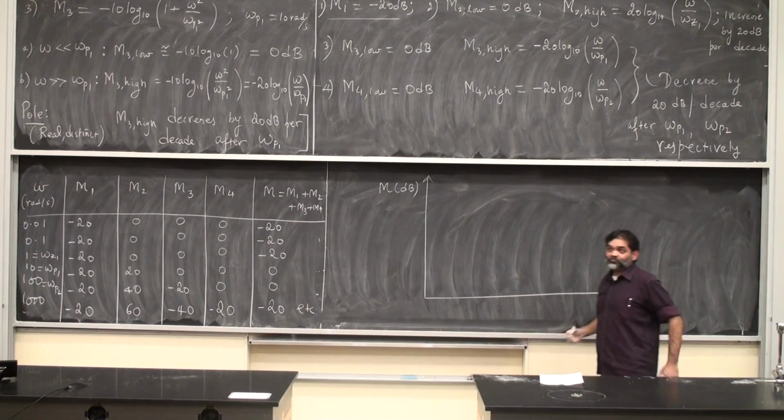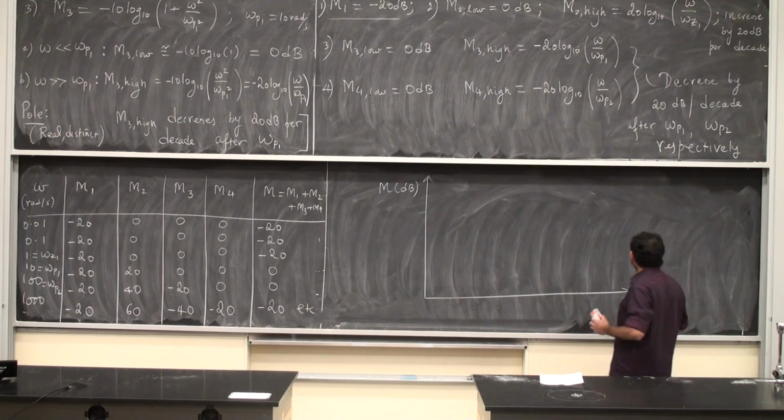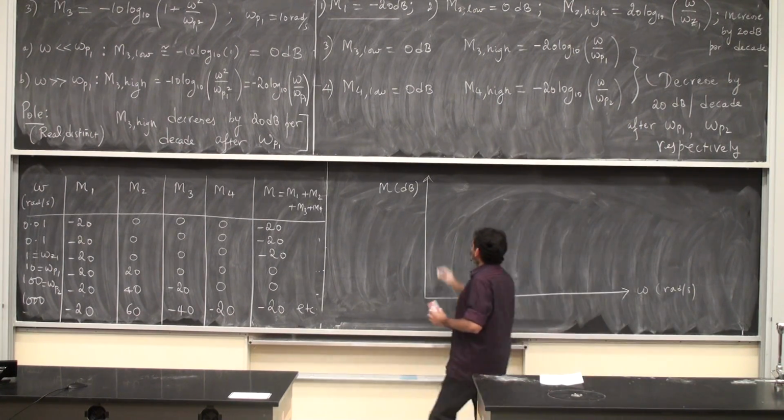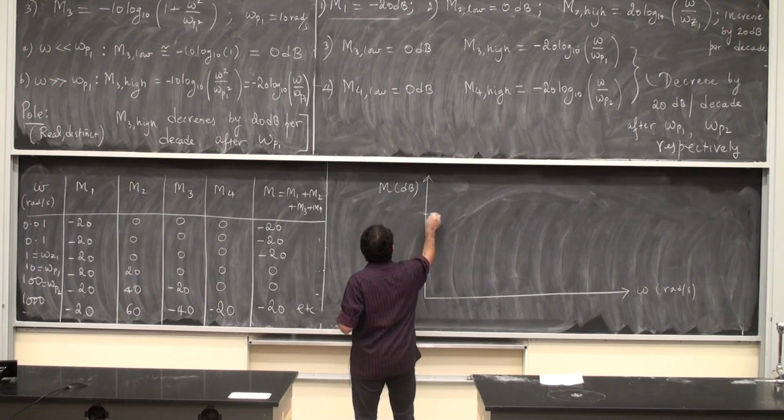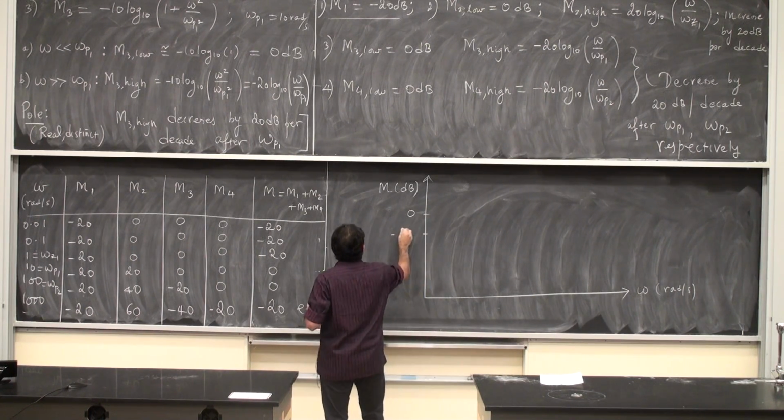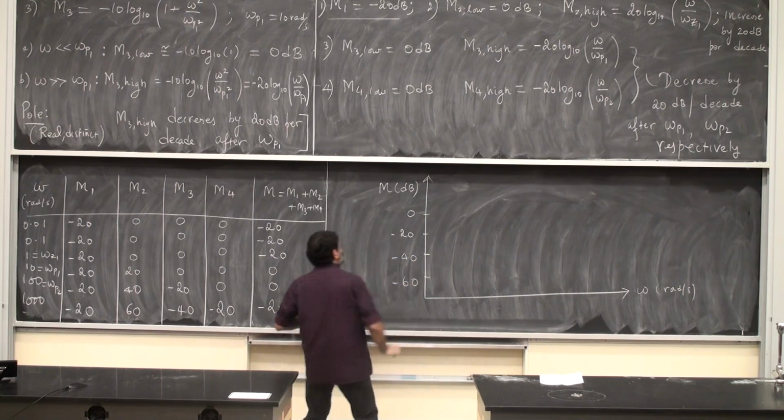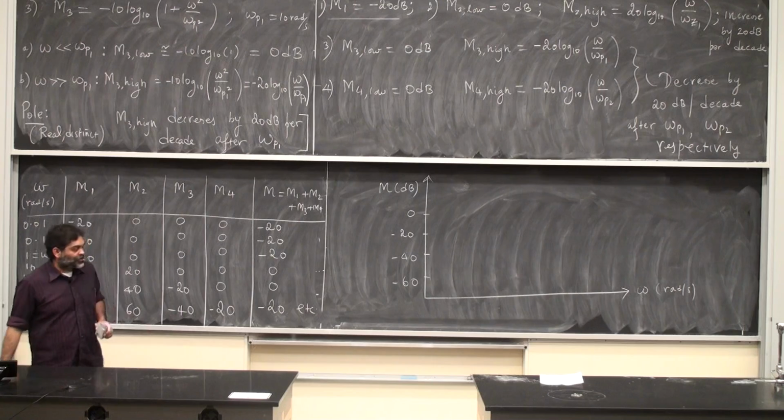M is in decibels, and I have omega in radians per second. This is 0, minus 20, minus 40, minus 60, and so on and so forth. Okay.